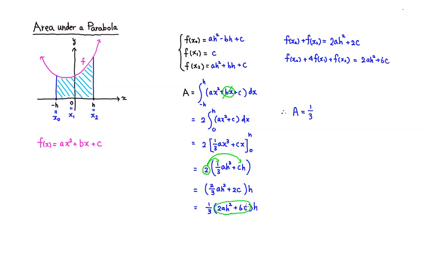The expression inside can be found by simply adding f of x0, 4 f of x1, and f of x2, then multiplying by h. This is the formula we're going to use to explain Simpson's rule. All right, that's it. I hope that this was clear.